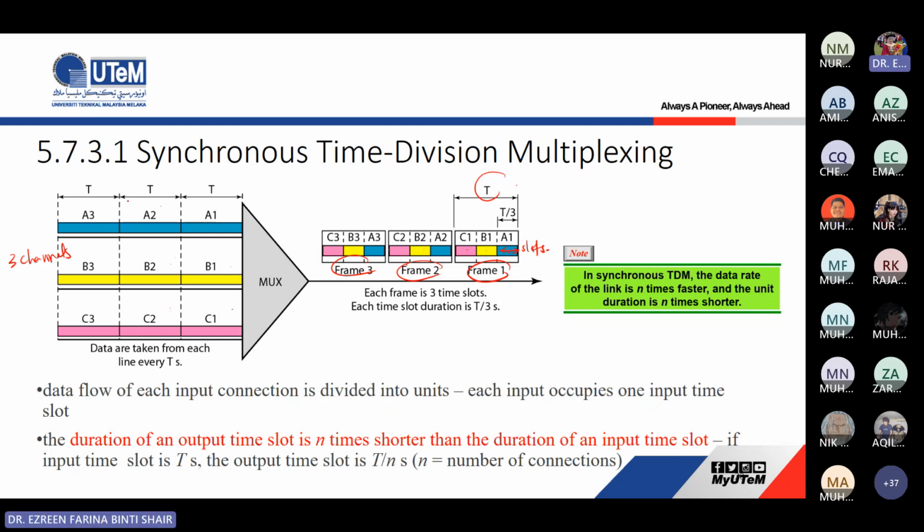But if you have 4 channels, then in one frame you will have 4 slots, and the time for one slot is T over 4. So to calculate the output time slot, we use the formula T over N, where N is the number of channels or the number of slots.